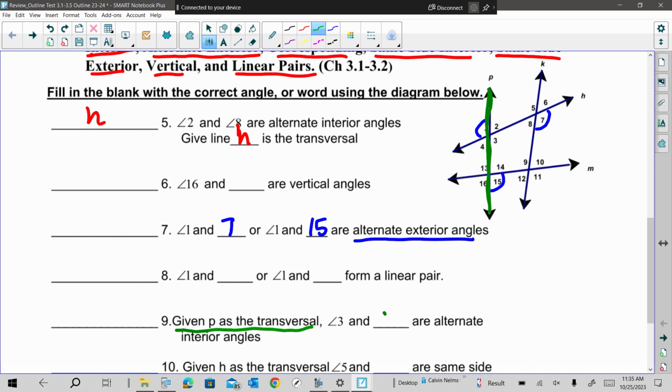Yep, 3 and 13. 3 is inside H and M. 13 is inside H and M. Both angles are inside the 2 lines. It's interior. Same line. Same side interior or consecutive interior.